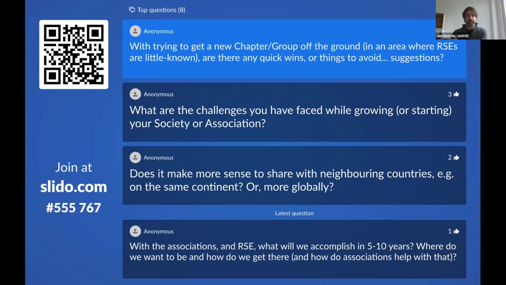Because I then could see that there is already something very established in another country, and I could go to the conference, I could first learn about the process before I then started to do something here in Germany. And I think that's also very important too. So not to quickly try to set up a chapter if there's nobody around who knows what RSEs are or what this might be good for, but first making some case for RSE and explaining what it is before you start creating a chapter.